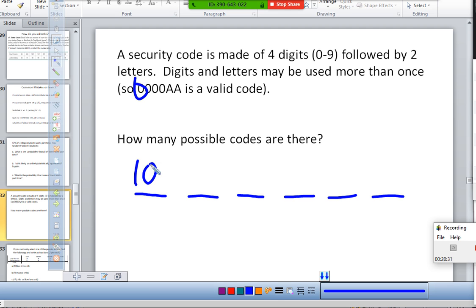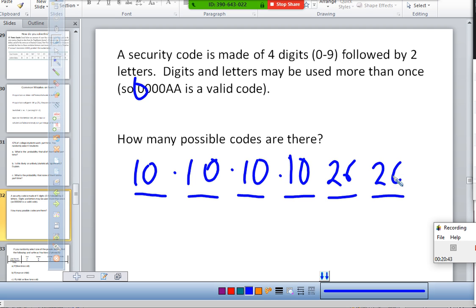How many for the next decision? Also 10. Next one, also 10. Next digit, also 10. The next, a letter, I have 26 choices. And for the last letter, 26 choices, because you can reuse. And again, you multiply.